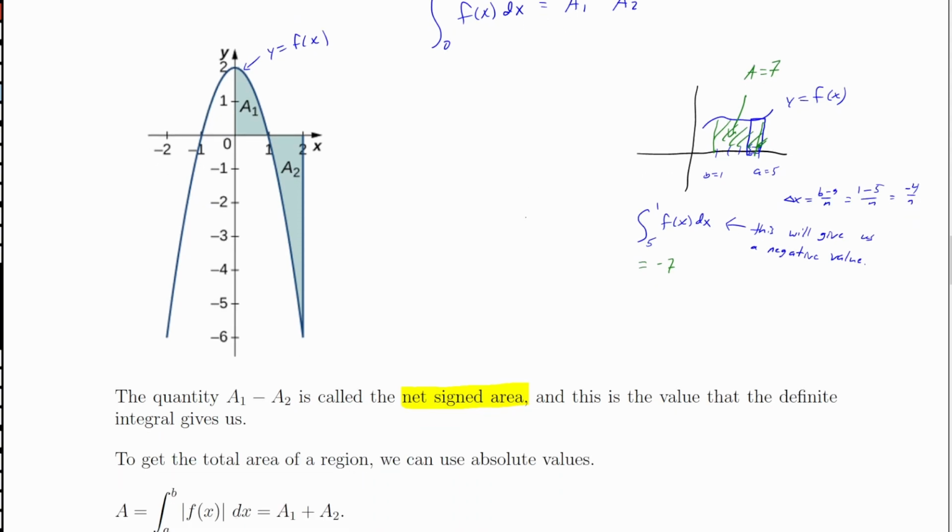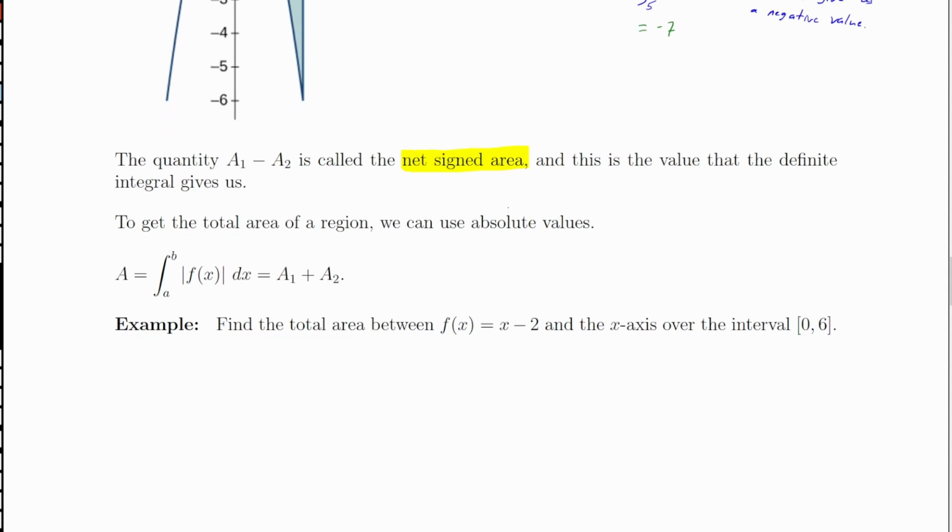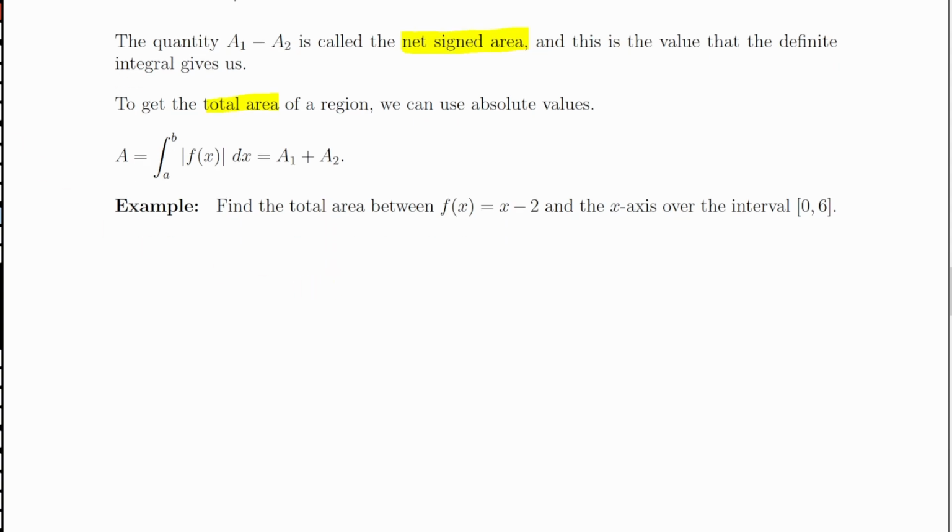If what I'm really interested in is just area, then the simple solution is just throw an absolute value on your function. Then it'll never go below the x-axis, and you'll be fine. So we could say, if I want the total area, the actual area, we just put absolute values on, and then in my example above, it would just add those two regions. Okay, so let's look at an example of this.